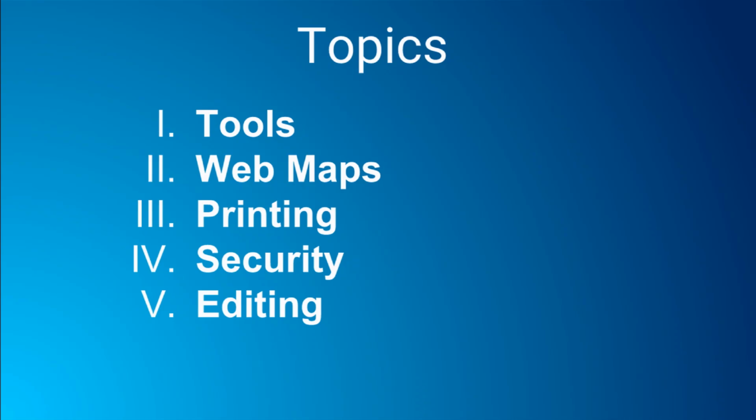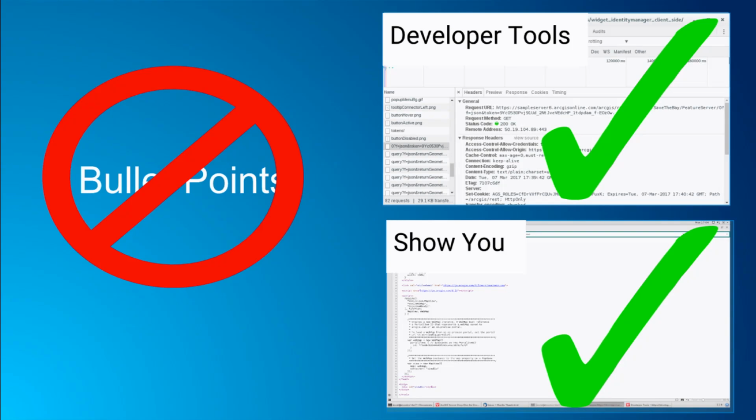I'll go more in depth on those areas, or what's happening behind the scenes, so that you have an understanding of what your app is doing when you run into that problem. There are no bullet points in this session. My focus is primarily on showing you the developer tools and the interaction that's happening behind the scenes. So with that in mind, I'm just going to dive right in.